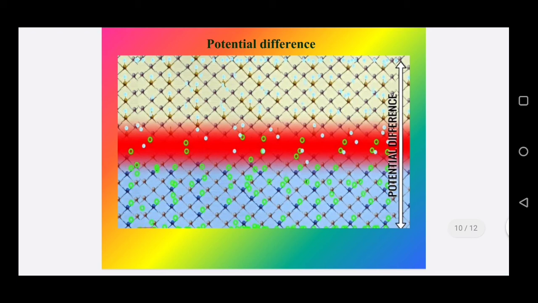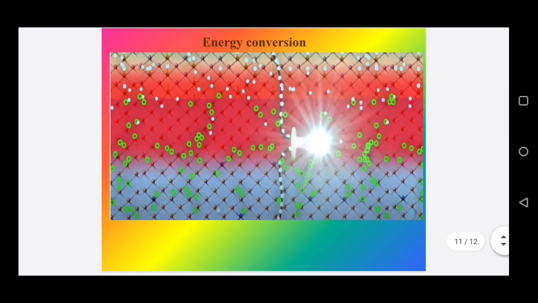So when we connect a load between these regions, the electrons from the n side pass through the load, and fill the holes in the p side.